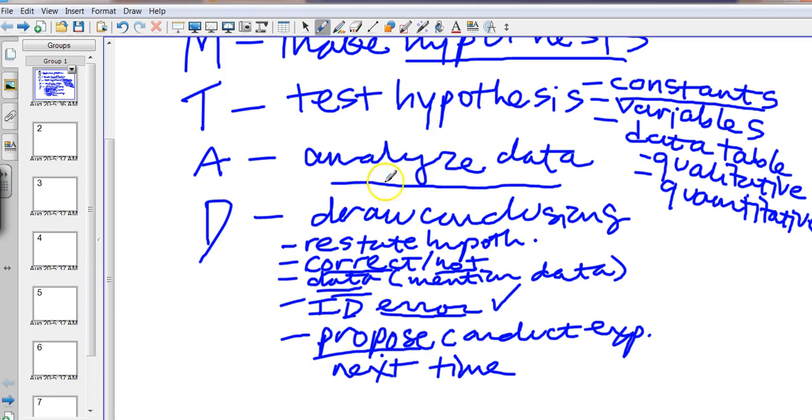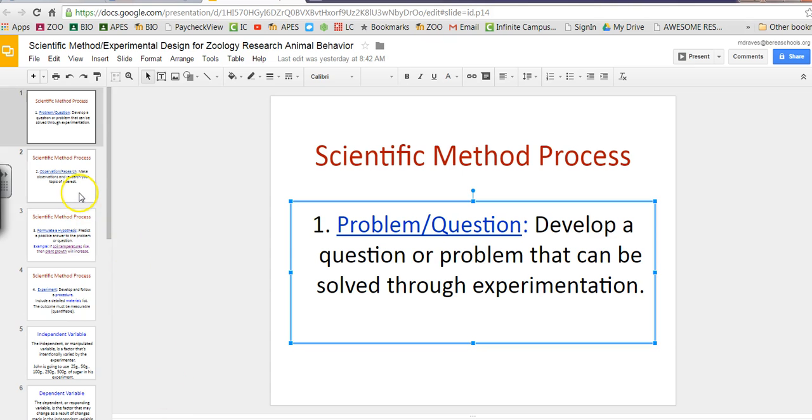Okay, so this is my little splurb of the scientific method, but let's look at this other presentation I have that will help us even better understand the process of science through this means. Okay, so the scientific method involves stating a problem or a question that actually can be solved through experimentation.